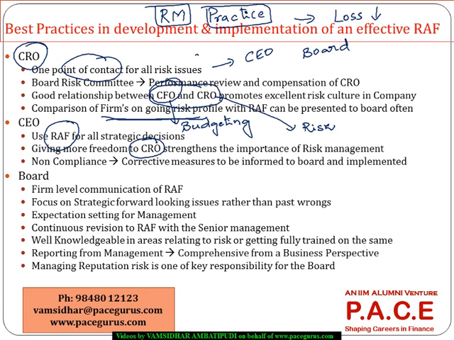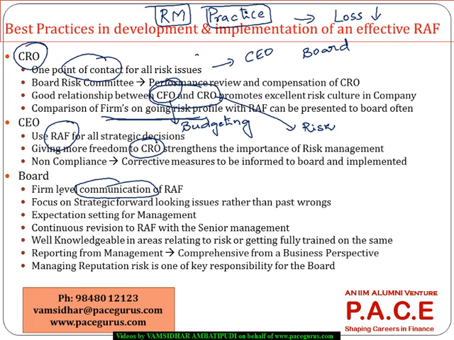And when it comes to the board, it is a clear responsibility of the board that the entire risk appetite framework gets into the genes of the entire organization. So communicating the framework across all the layers of the organization and getting buy-in from all employees is the responsibility of the board.